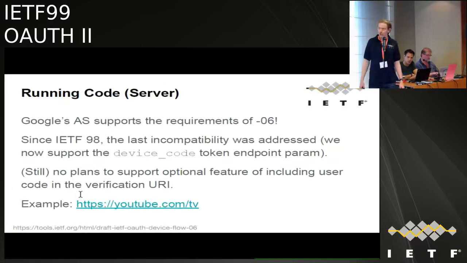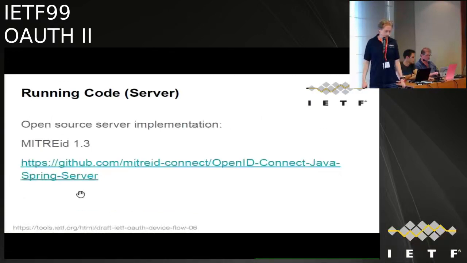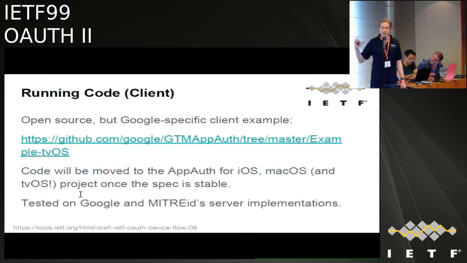MITREid 1.3 should be released now, since it was about to get released in Chicago. This one's an open source implementation of the server side, and we also have an open source client implementation. The plan is to move this into the OAuth project once it's actually standardized. And Justin and I did some interop between the two.